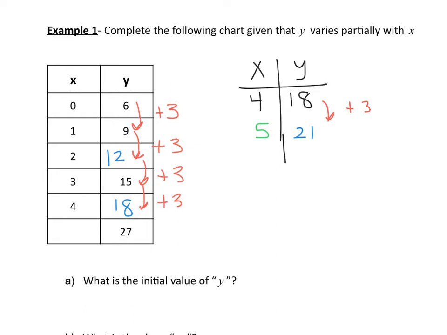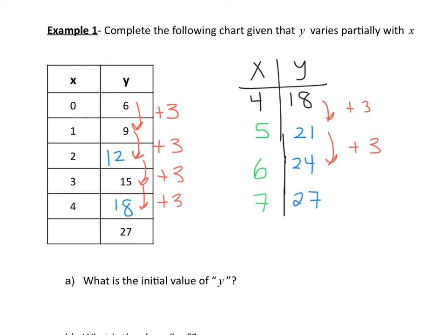My next x value would be 6. And then if I continue to add 3 along my y column, my next value would be 24. And I'm going to keep the pattern going. My next x value would be 7. And my next y value, if I add 3, would be 27.